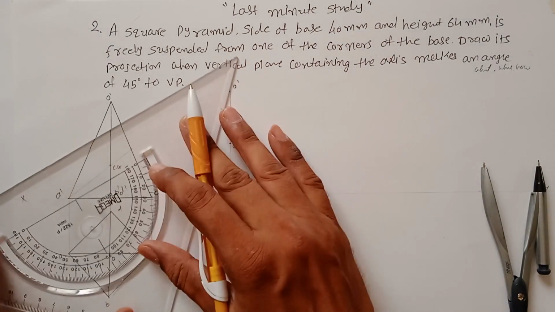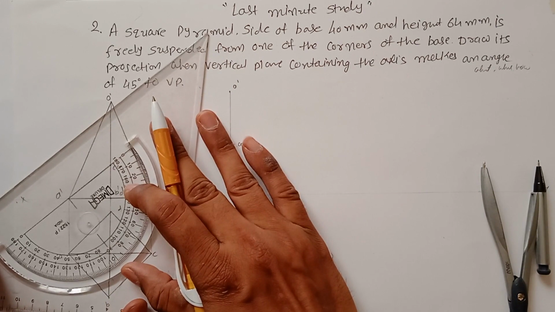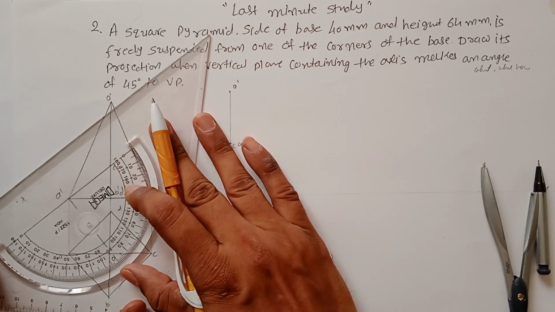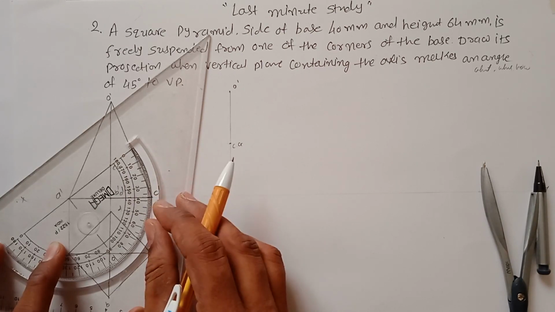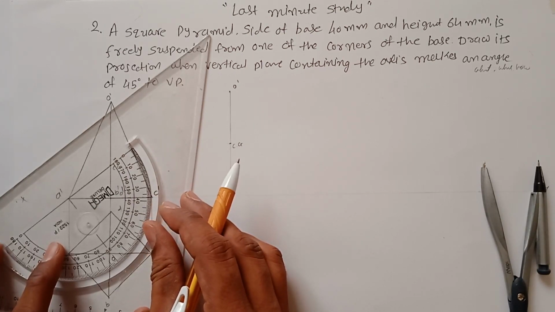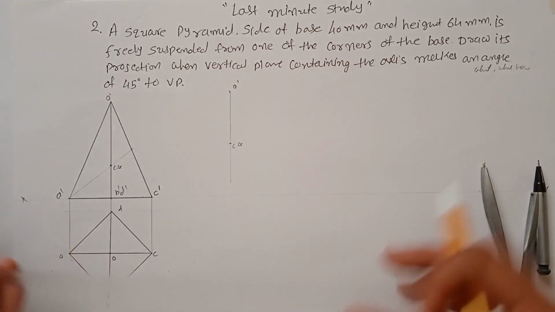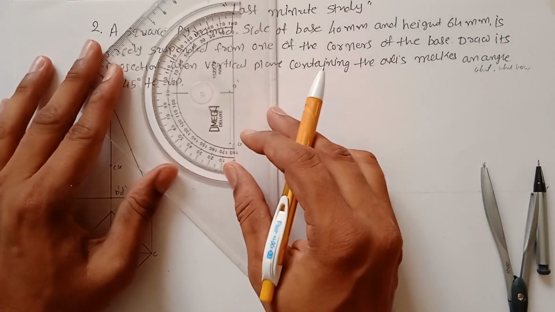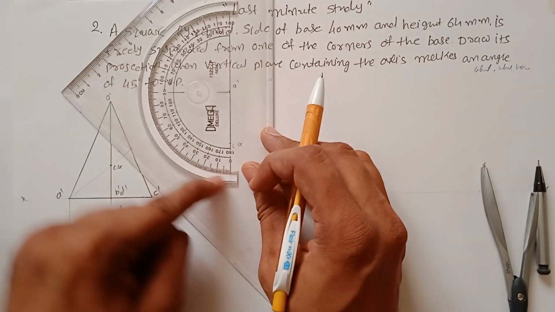So let's measure the angle. The angle is around 37. So you have to draw a line at an angle of 37 degrees from this.